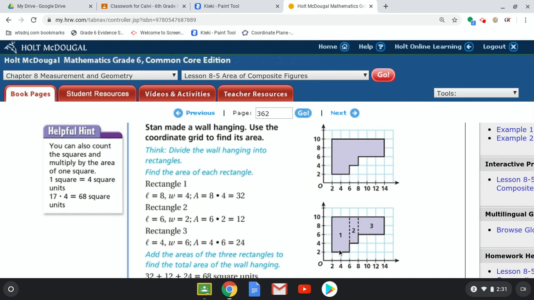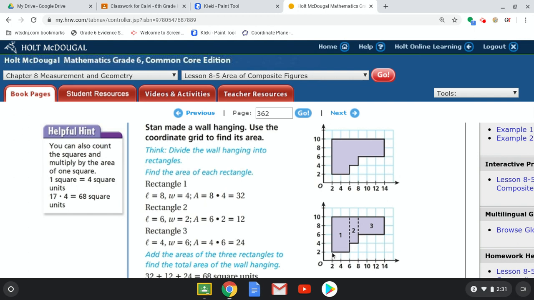So area of a rectangle, very simple, length times width. So my length of rectangle 1, it's very tricky because it's 2 squares, but if you notice, these are being counted by 2's, right? So 2, 4. So we'll say 4 square units for our length.